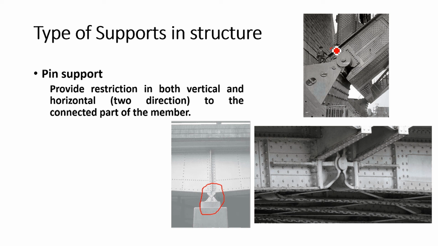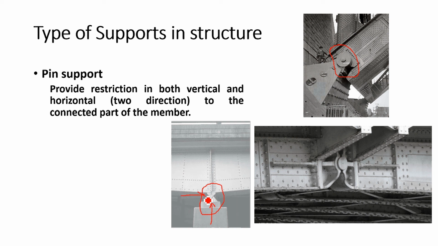There is a special connection provided between the member and the support. What you can see here is that this member is protected from horizontal as well as vertical movement. If you give any vertical load, the support will provide the vertical restriction. It never allows your member to move horizontally either.